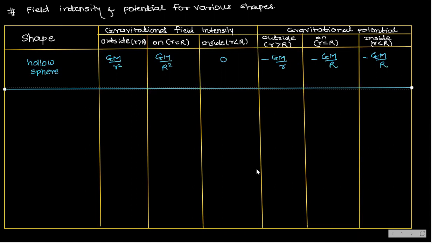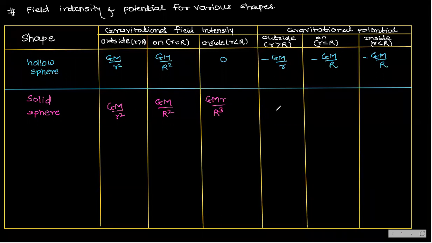Next shape, you see now, next one I am taking, that is solid sphere. For this, GM by r square outside. On the sphere it is GM by capital R square. And inside is GM small r divided by capital R cube.